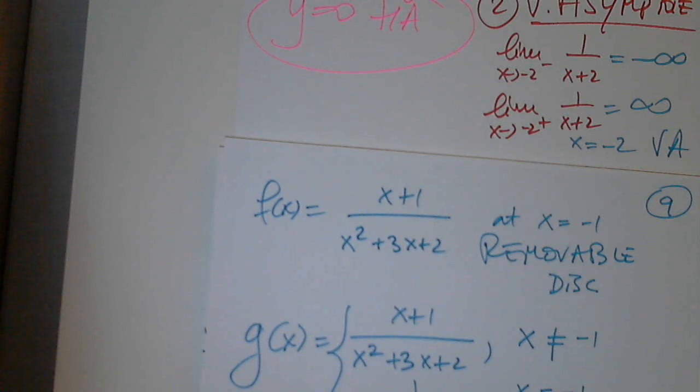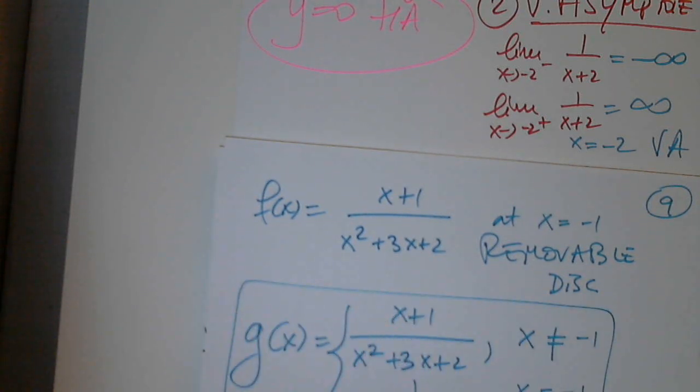Continuous everywhere. I made it continuous at negative 1 by creating a new function. However, both functions are not continuous at negative 2. But this one is continuous at negative 1. This one is not continuous at negative 1 and not continuous at negative 2. Any questions?